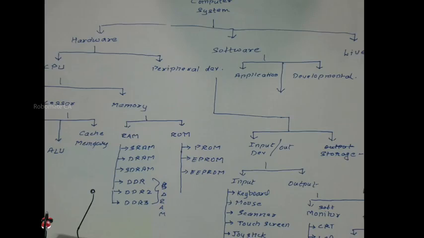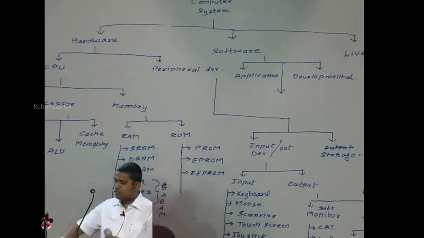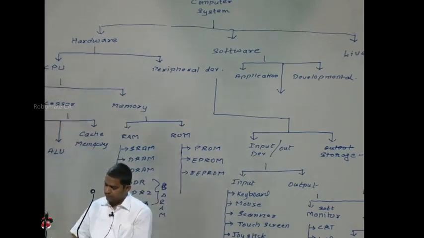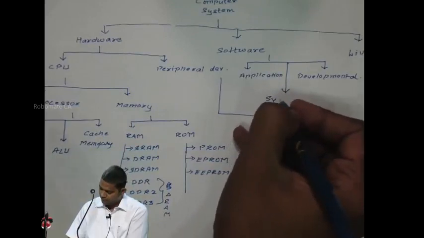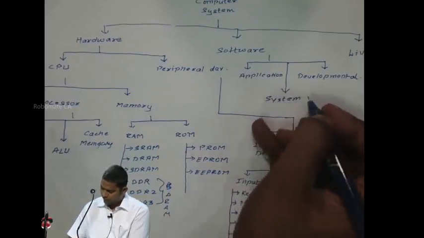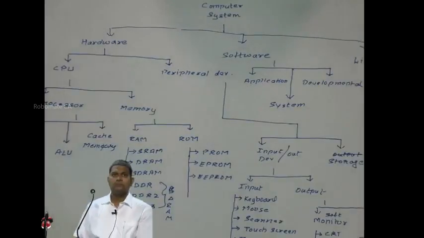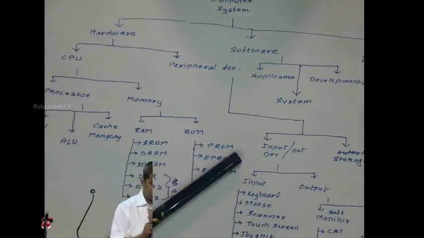And last but not the least is called system software. Now what exactly is this system software? System software is that software which makes the hardware work.